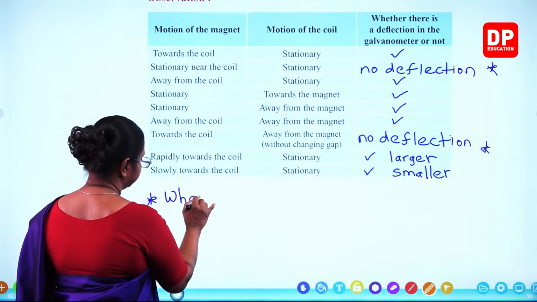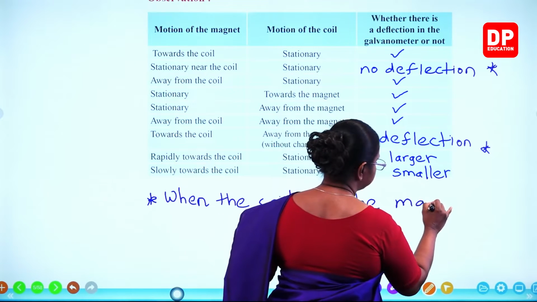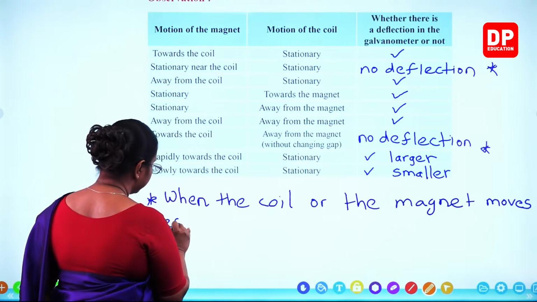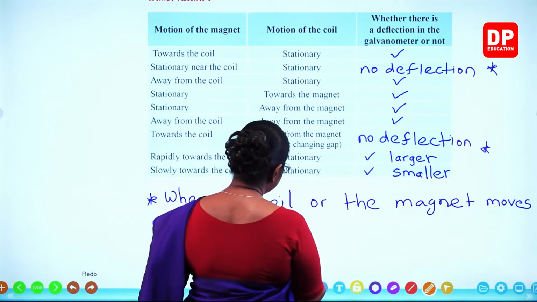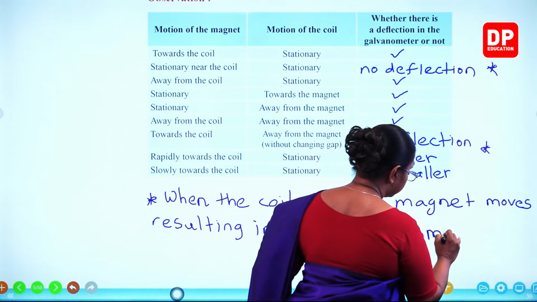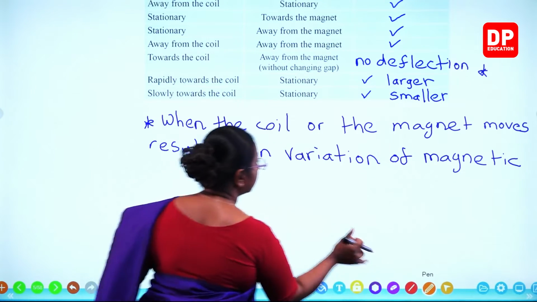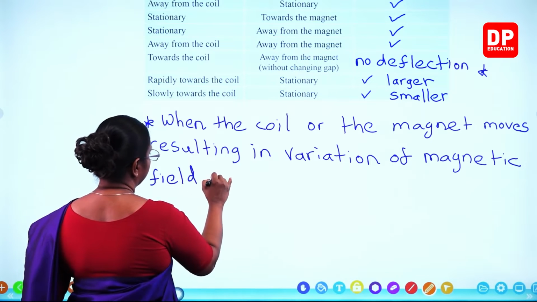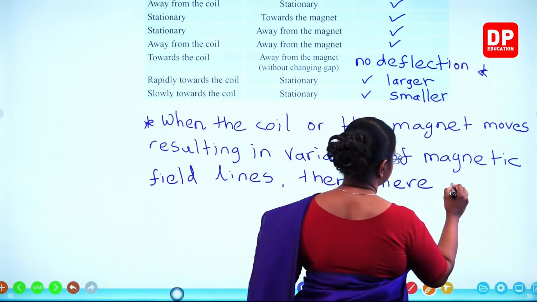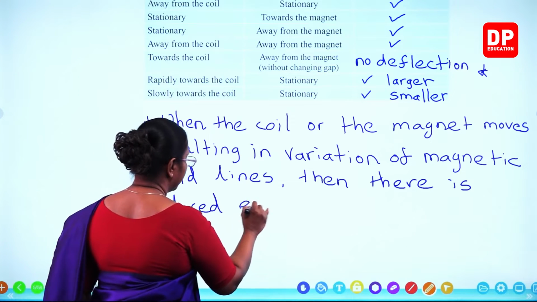Now, when the coil or the magnet moves, resulting in variation of magnetic field lines, then there is induced electromotive force.